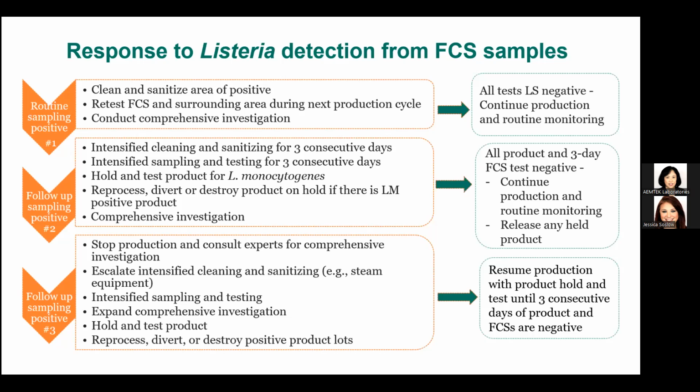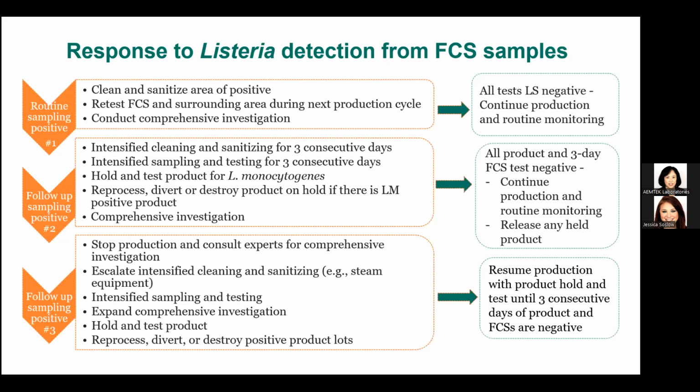And that's the time you should stop production and consult an expert, whether internal or external, for a comprehensive investigation. You want to escalate the intensified cleaning and sanitizing, including steaming all the equipment, and then conduct intensified sampling and testing. You want to expand the comprehensive investigation and hold and test the product.